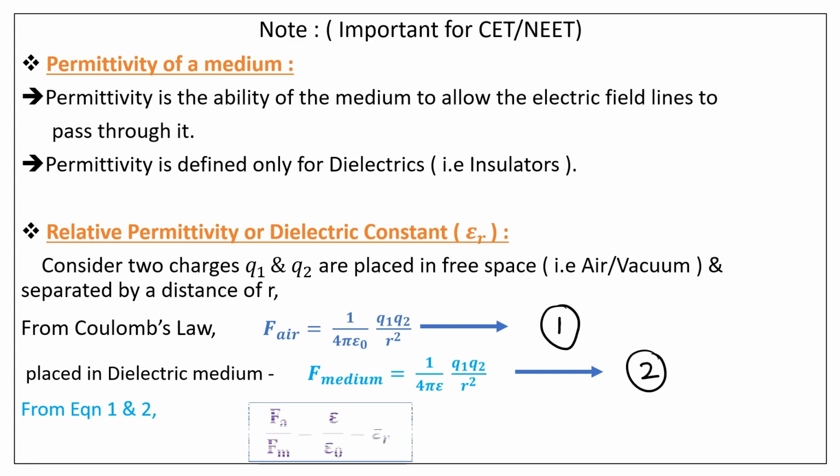Equation 2. From equations 1 and 2, Fa by Fm is equal to epsilon by epsilon naught is equal to epsilon r. Dielectric constant, or relative permittivity, is unitless, that is no unit, and dimensionless, that is no dimension.